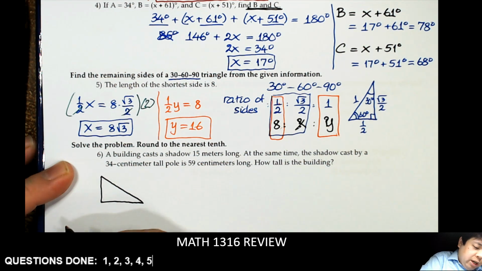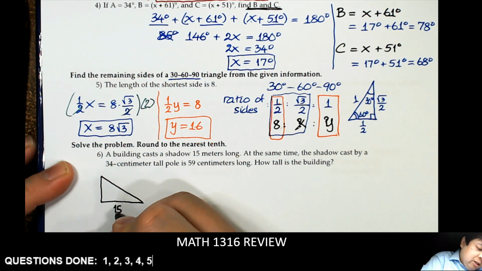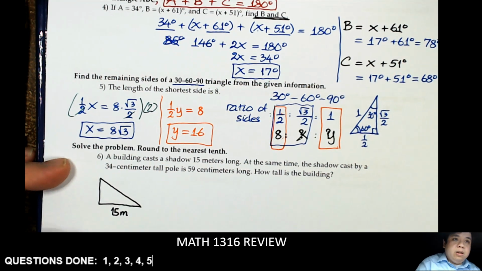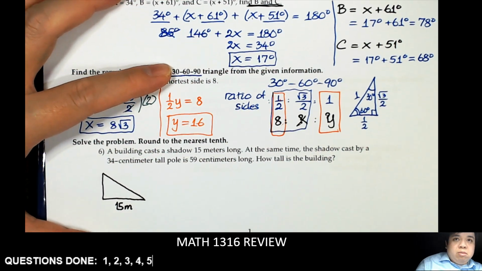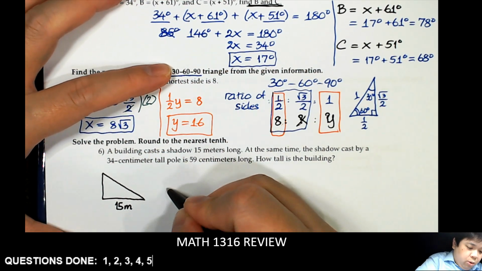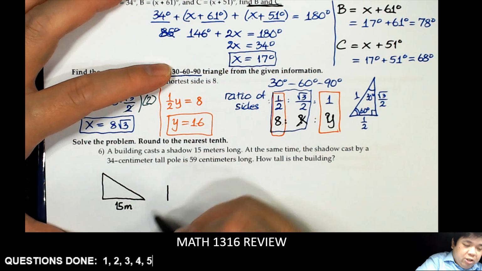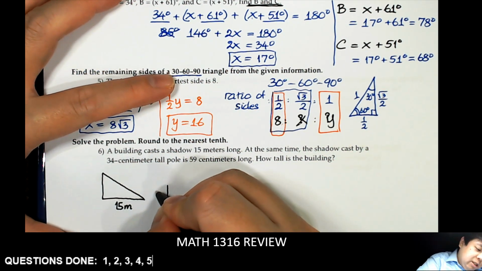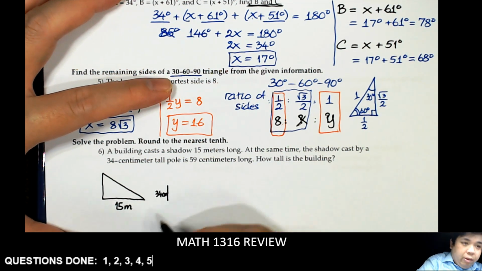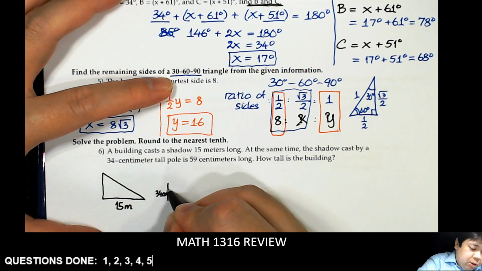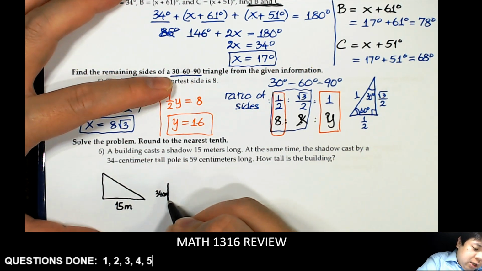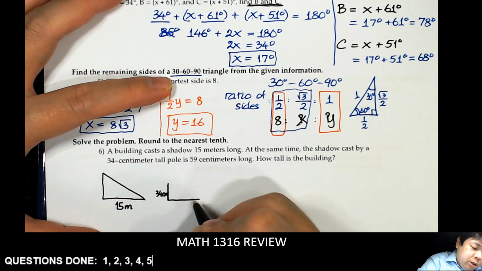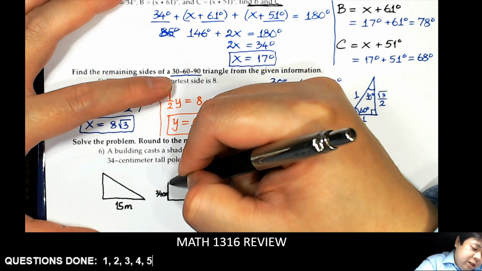The shadow is 15 meters. At the same time, we have a pole, which is 34 centimeters tall. The shadow is 59.